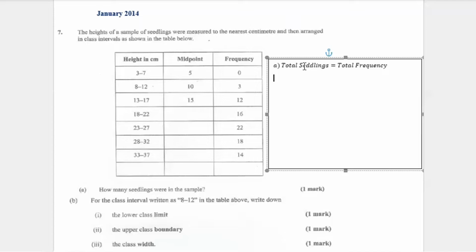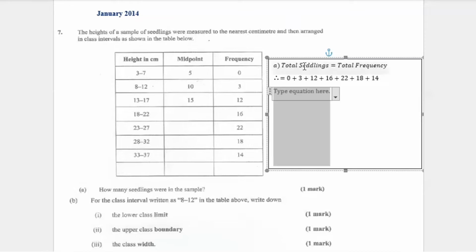So therefore, that is equal to 0 plus 3 plus 12 plus 16 plus 22 plus 18 plus 40.